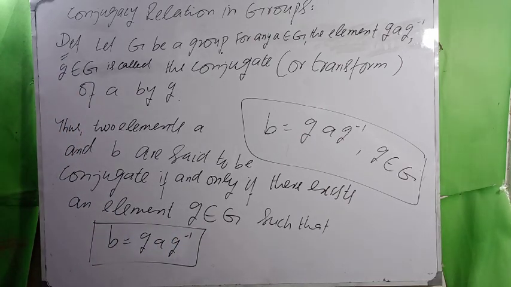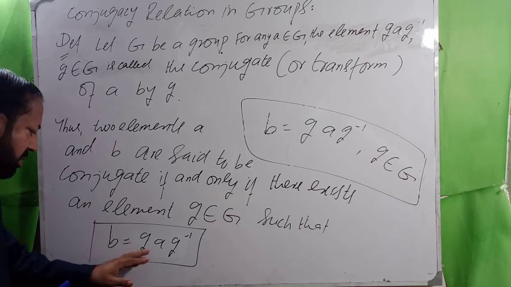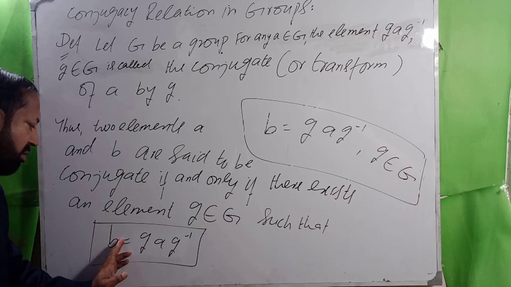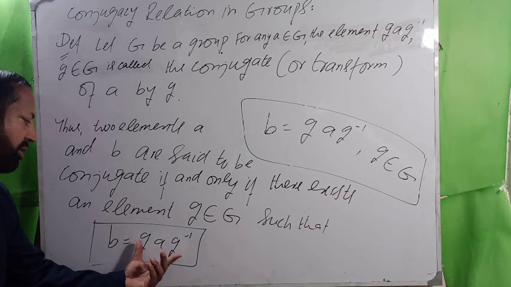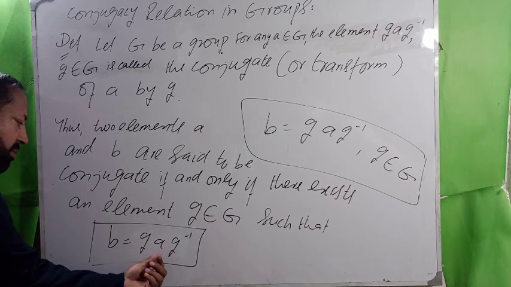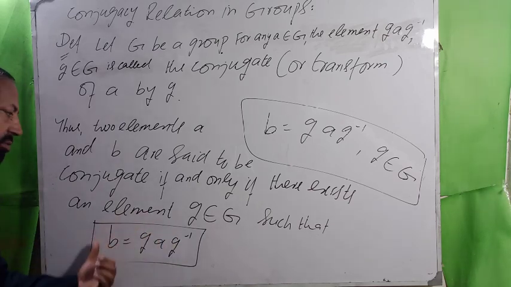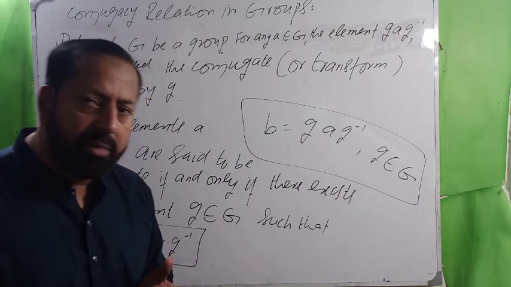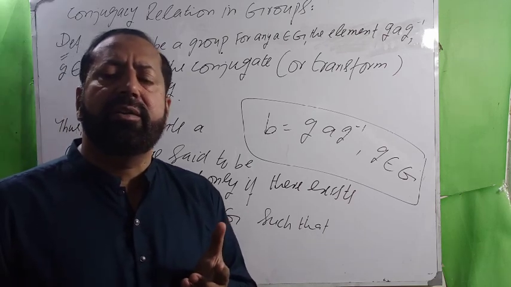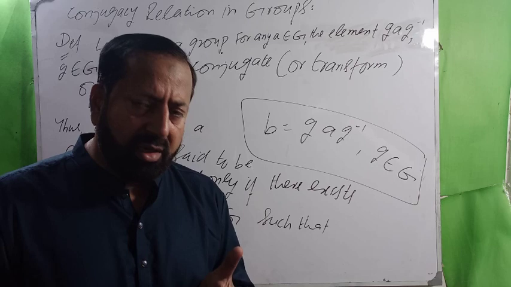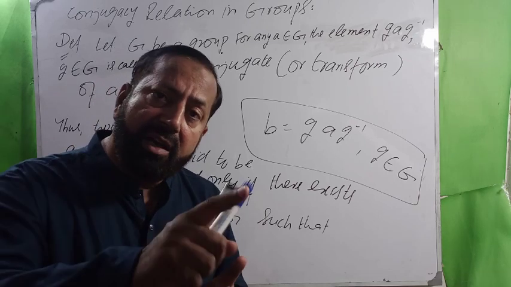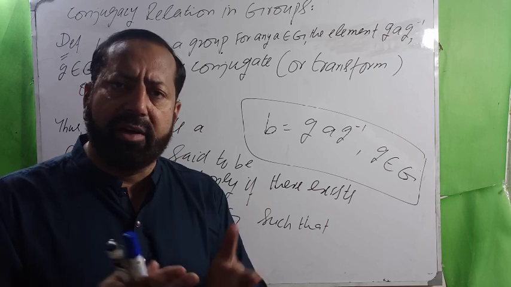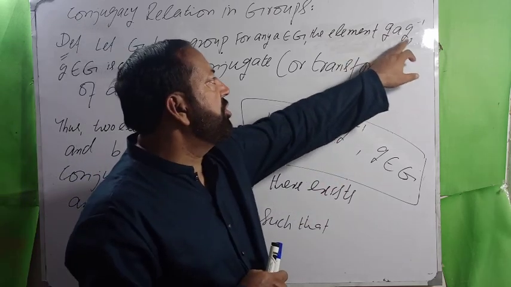Okay, because you know that you can multiply by g inverse here and then multiply by g on the right side, so a similar relation from a to b you can calculate. So what is the definition of a conjugate element? Whenever you want to find a conjugate element of an element a, you find another element g belonging to G and find an element like this, g a g inverse.